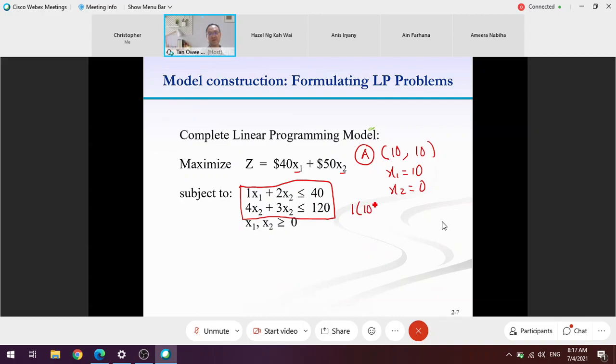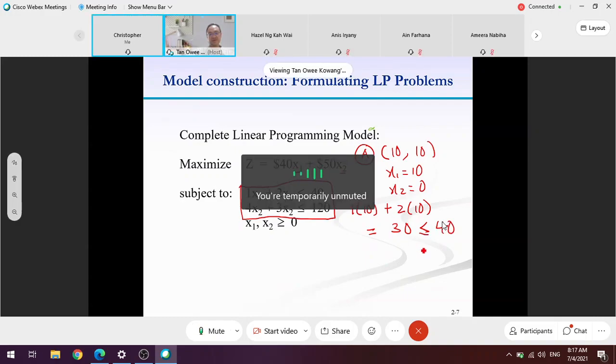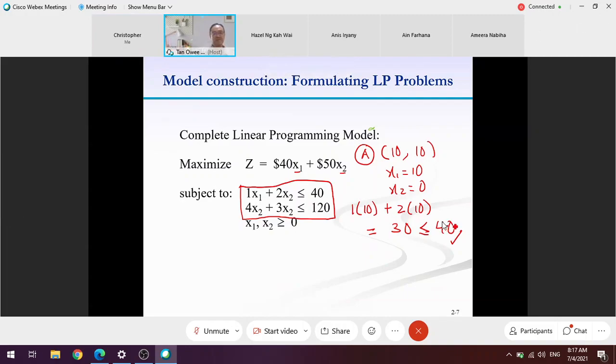Then what will happen? 1 times 10 plus 2 times 10 equals 30, right? Is 30 smaller than 40? Yes, okay. This is true.